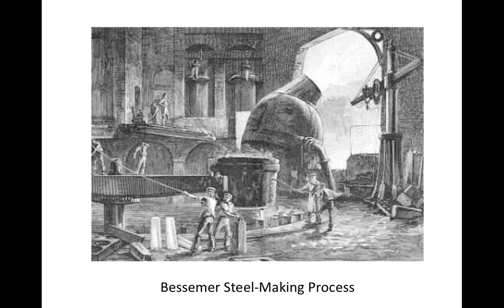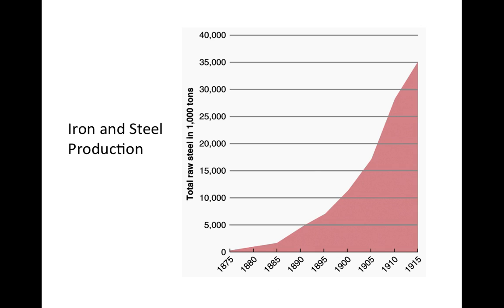Not just that, but the skyscrapers that you begin seeing constructed during this time period in the major cities are also made possible by stronger steel, thanks to the Bessemer steelmaking process. You cannot ignore the importance of the Bessemer steelmaking process and the importance of iron and steel production in the last half of the 19th century as a driver of the industrializing economy.